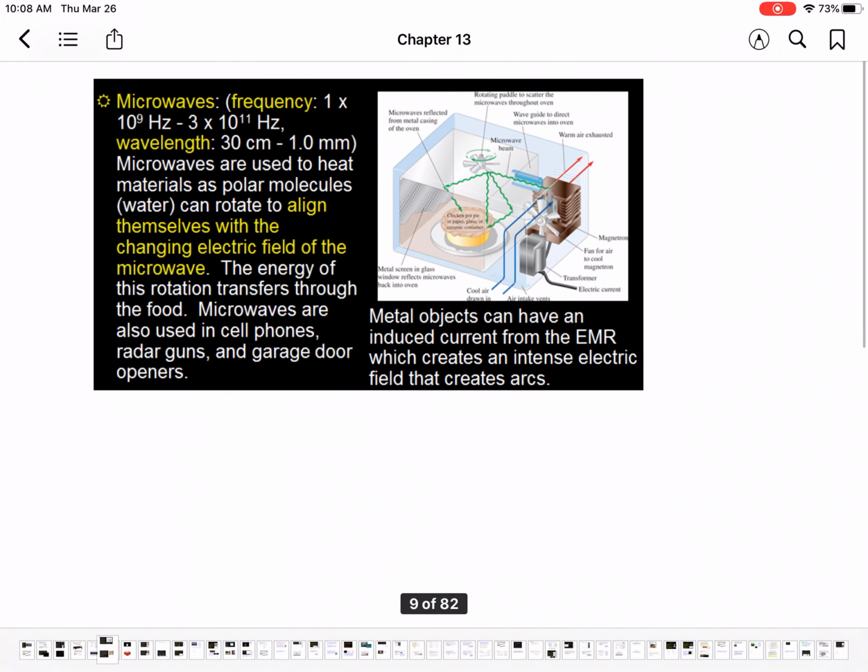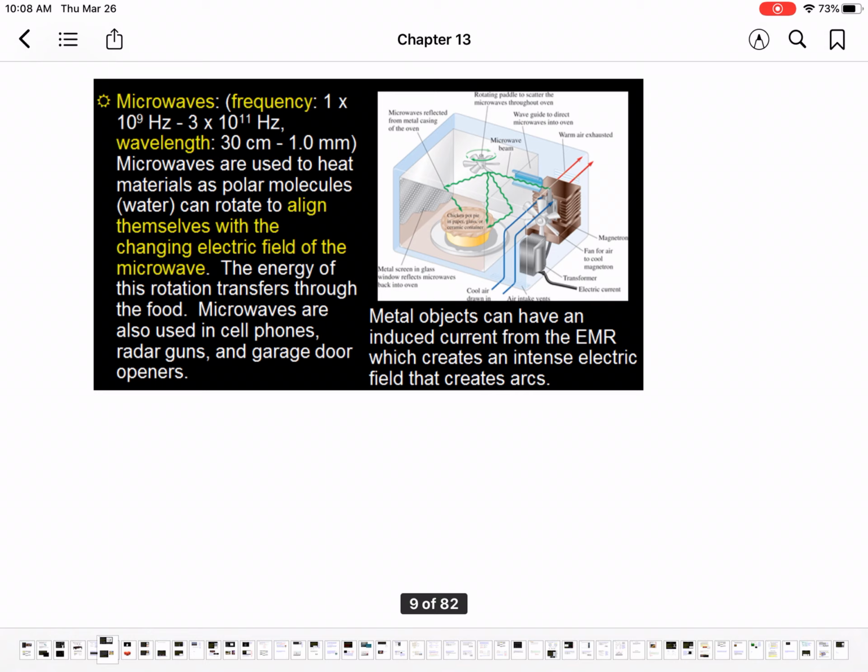When we get to microwaves, we can have an induced current from EMR, which creates an intense electric field that creates arcs. This is more where we're going to heat up food, where the energy of this rotation transfers through the food. They're also used in cell phones, radar guns, garage door openers, stuff like that.